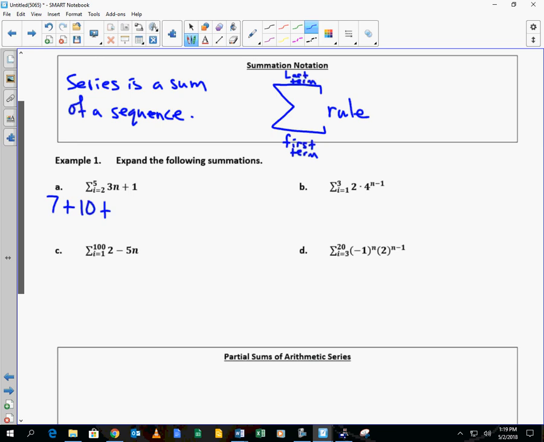I plug in 4. 3 times 4 is 12, plus 1 is 13. And finally, 3 times 5 is 15, plus 1 is 16. So as you can see here, I have 4 terms. That's the expansion, the summation.